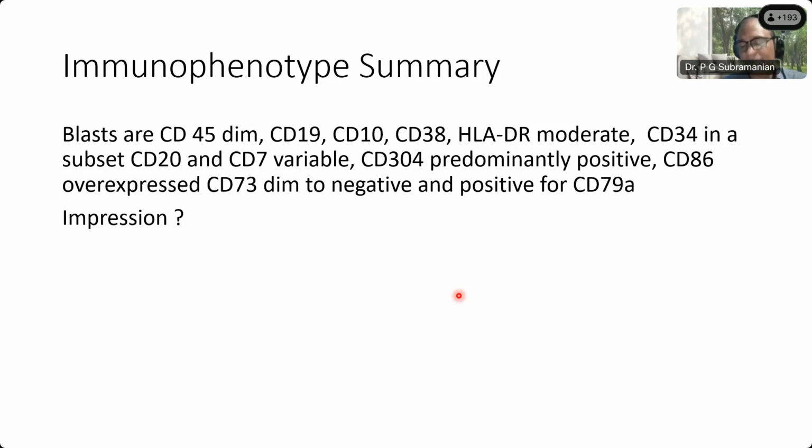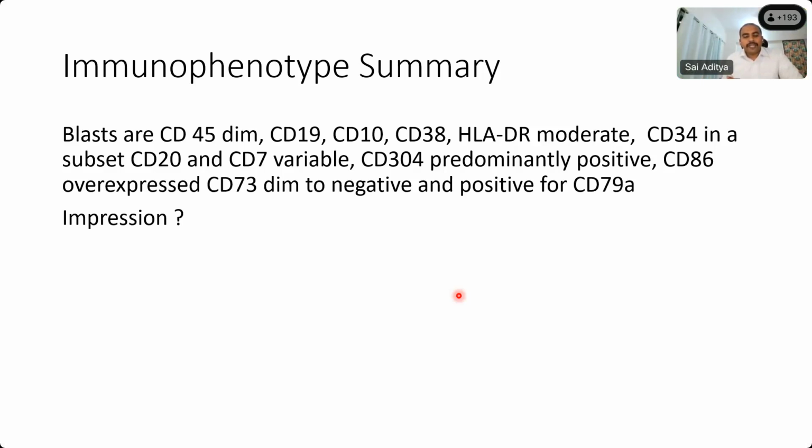So which are the pan B cell markers? Can you just tell us? Yes, sir. Pan B cell would be CD19, CD20, CD10, CD22, cytoplasmic CD22. We'll grade them based on the intensity.